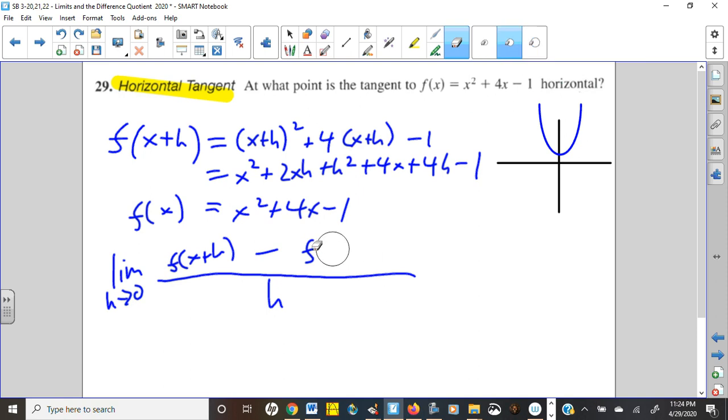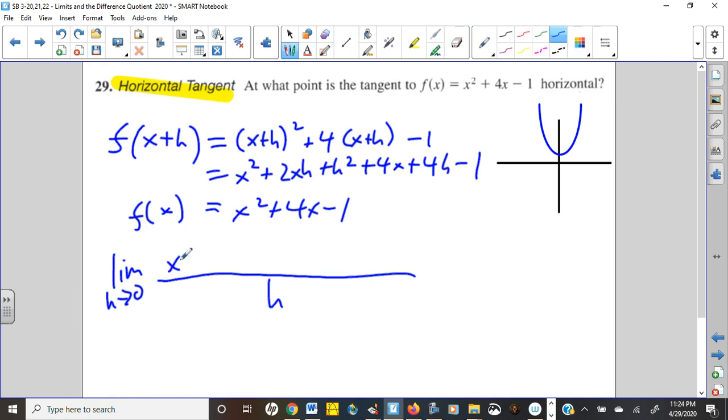Some people like to do this work within the difference quotient. I used to do that, but now I think it's just a little cleaner to do it outside. It's really up to you. So here we go. x squared plus 2xh plus h squared plus 4x plus 4h minus 1.